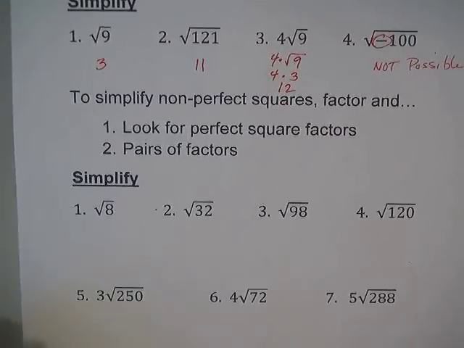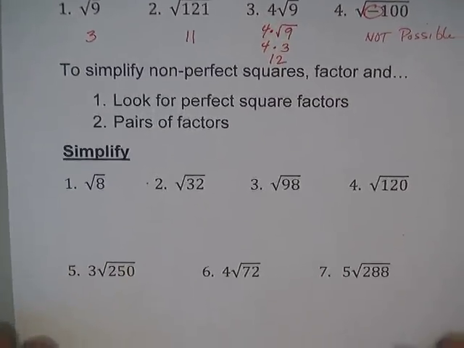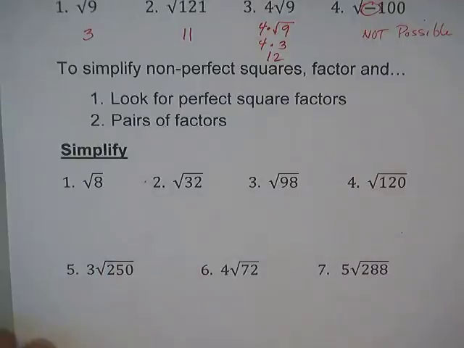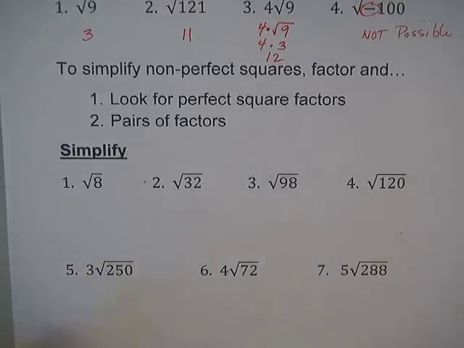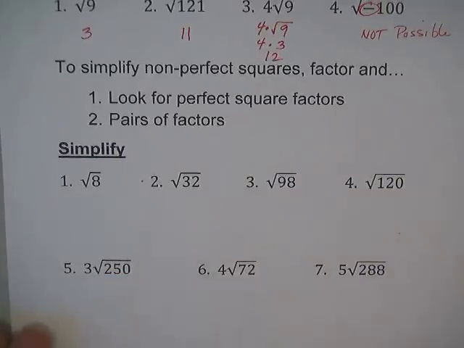Those are perfect squares that we're square rooting right there. But what if we don't have perfect squares? What if we have, for instance, like the example I have here, the square root of 8. Some of you might be thinking square root of 8 is 4. Well, no, 4 plus 4 equals 8. But remember, we're looking for numbers that multiply back to get that original number.